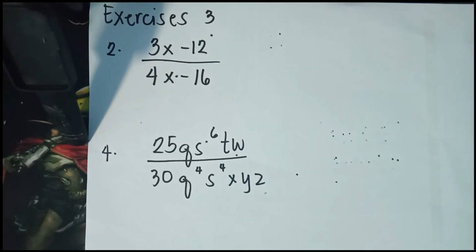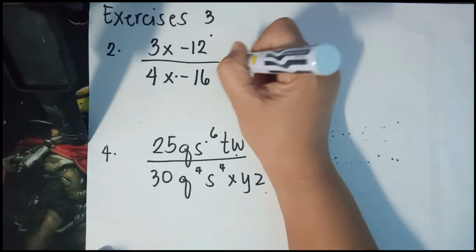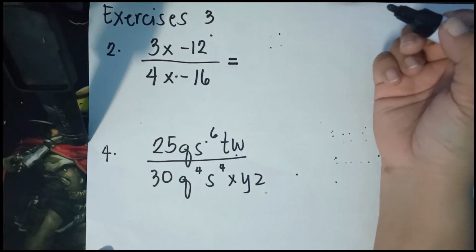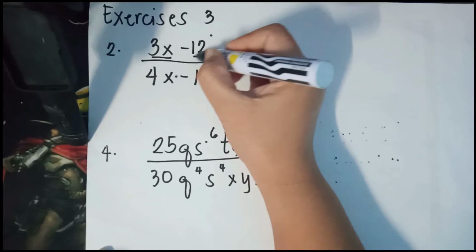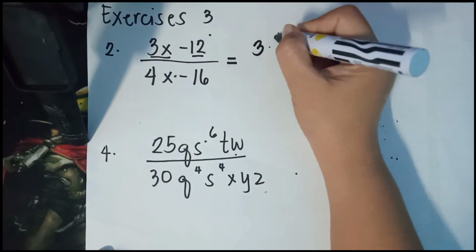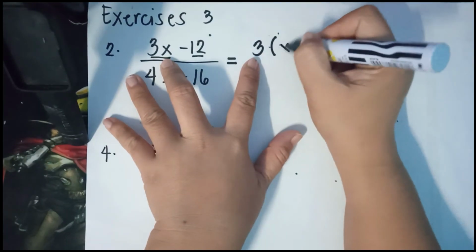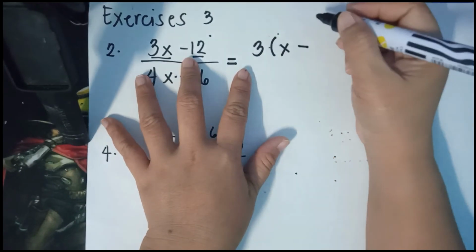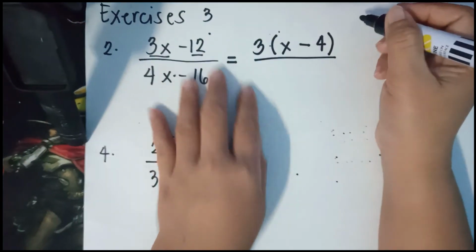Exercises number 3. Number 2. 3x minus 12 divided by 4x minus 16. Again, all you need to do is get the common factor between the terms. We have 3x and 12, the common factor is 3. Next, 3x divided by 3, that is x, minus 12 divided by 3, that is 4, over.